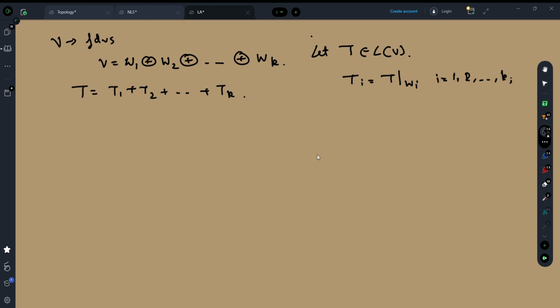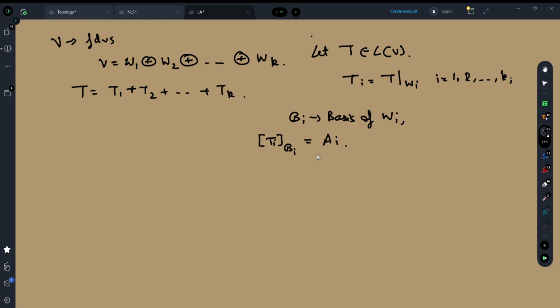What is the analogous point of view from a matrix? If I choose a basis of each of these Wi, so let's say Bi is a basis of Wi, then you obviously have a certain matrix representation of this linear operator Ti with respect to Bi, and let's say that's basically Ai.